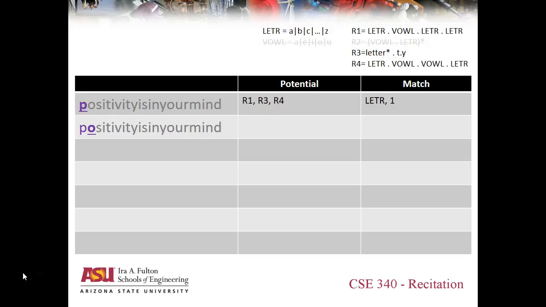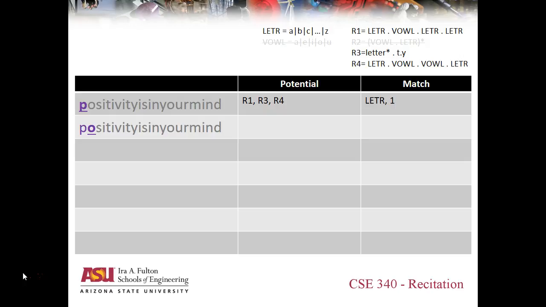Okay, so now we move on to the O. Does the O change anything? Do we still have R1, R3, R4, or do we lose one of them? R1 is a match. So it's R. Is it a match, or is it still a potential? Potential. Yeah.